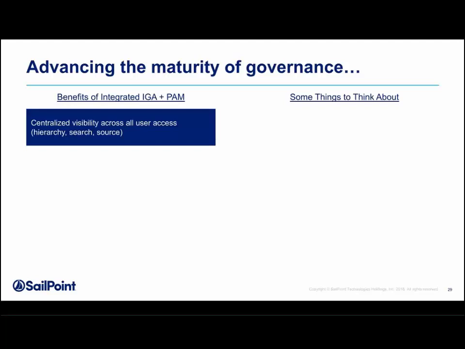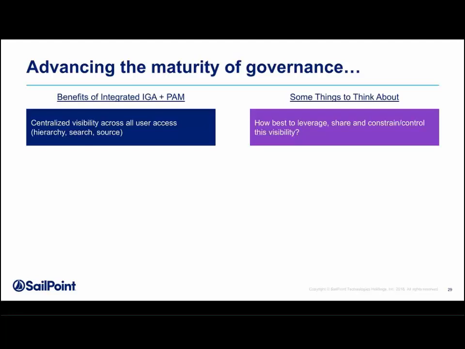So if we look first at the ability to have centralized visibility across all user access, right? Some things to think about is who should have that access. That visibility is very powerful. So how might we be federating that access and actually reducing the risk of what community of individuals can actually see all of that?